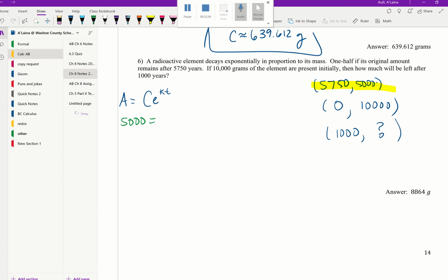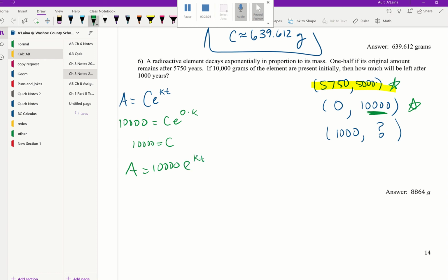See if you like this. Let me mention this. We already know, I'll do this first, 10,000 grams are equal to the amount at time 0. So C is equal to 10,000. Maybe I'll start there. So A is equal to 10,000 times e to the power of KT.